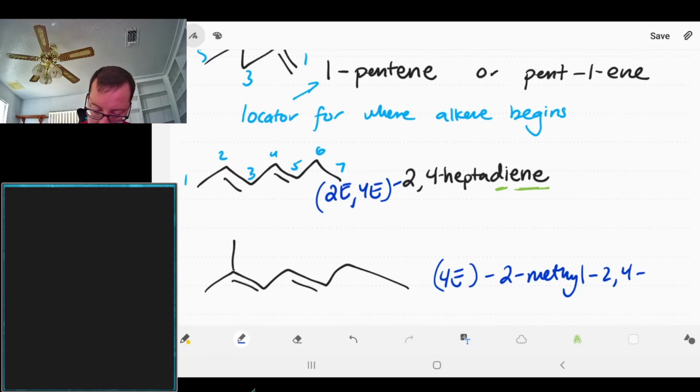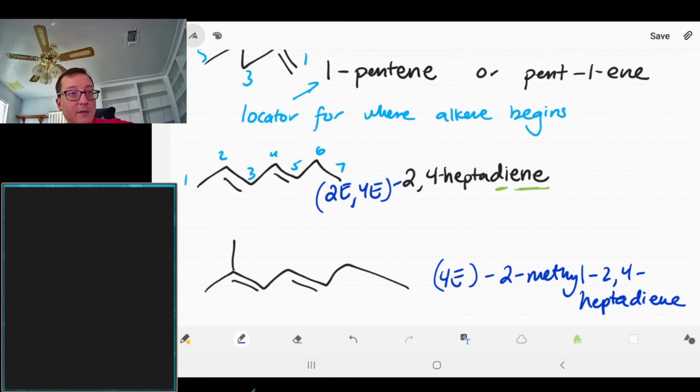I'm gonna write that down there. Again, you can put the 2 and 4 in the heptadi-2,4-ene. That would work too, but I'm okay if you put it at the beginning of the parent name.